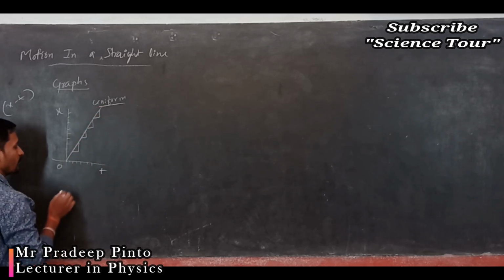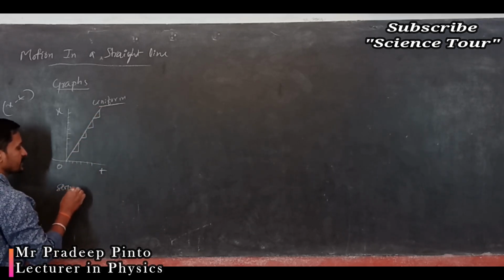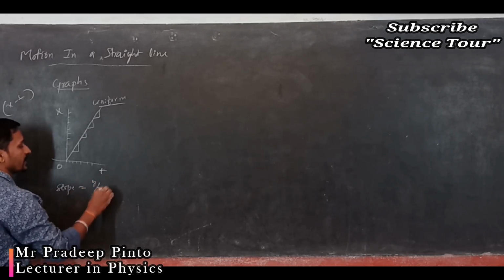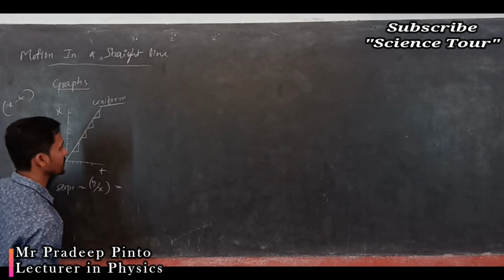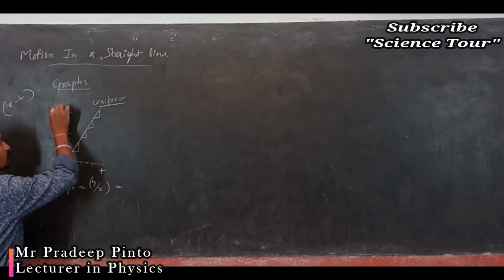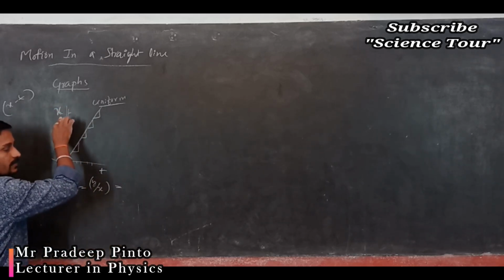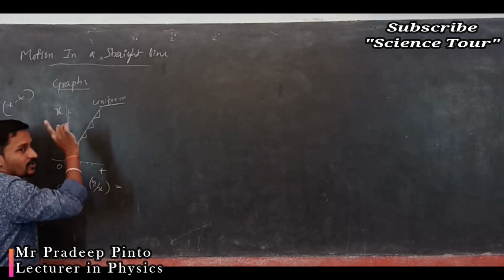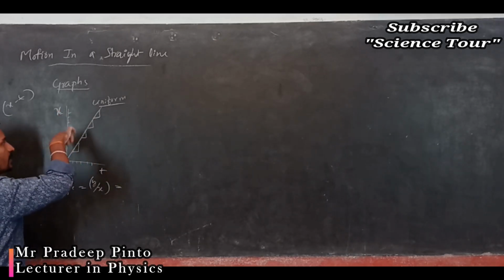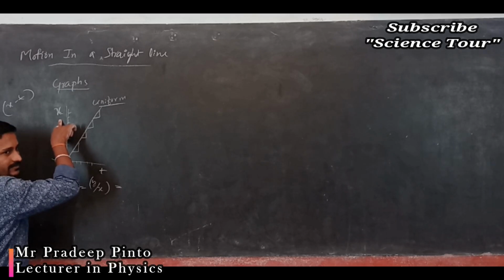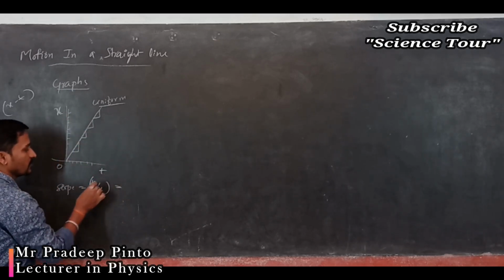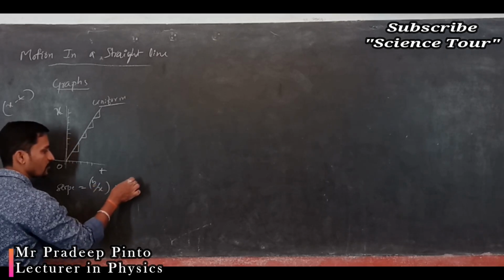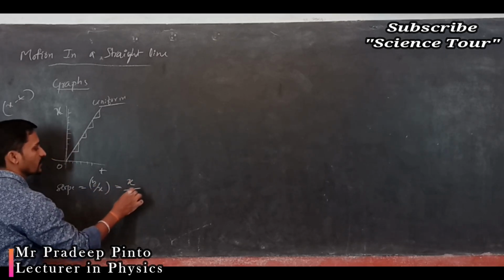What is slope? Slope means y divided by x in mathematics. But in physics, in the place of y we have taken position, and in the place of x we have taken time.